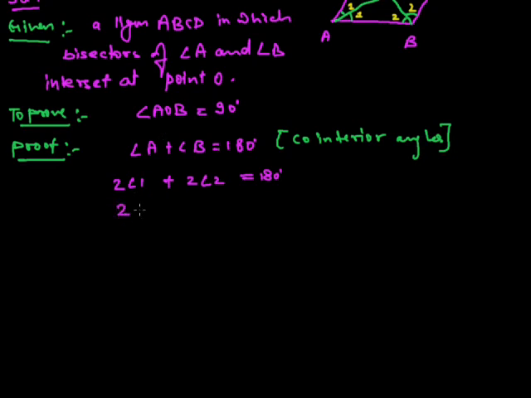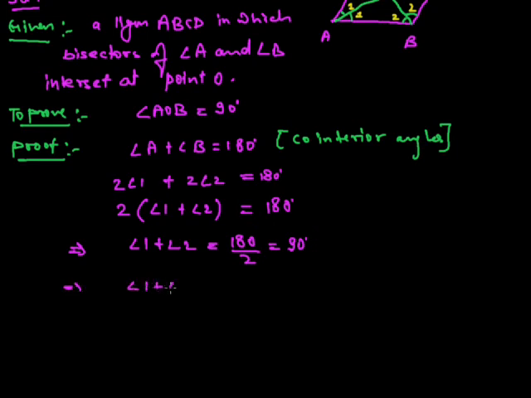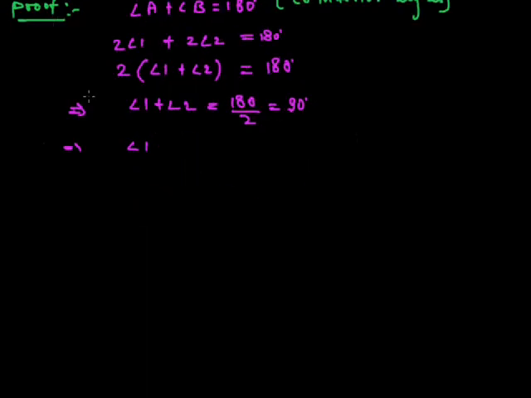So 2 can be taken out. Left is angle 1 plus angle 2 is equal to 180 upon 2, that is equal to 90 degrees. So angle 1 plus angle 2, we are having their sum equal to 90 degrees. Equation number 1.